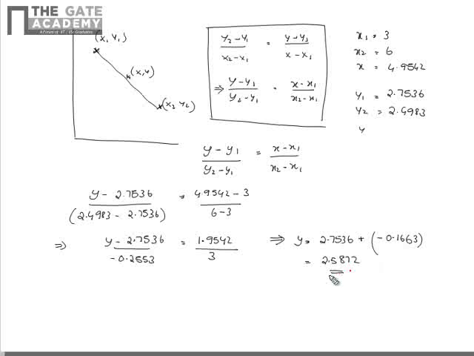So what will be the fatigue strength? Therefore the fatigue strength will be the anti-log of this. Anti-log of 2.5872 is 386.5.